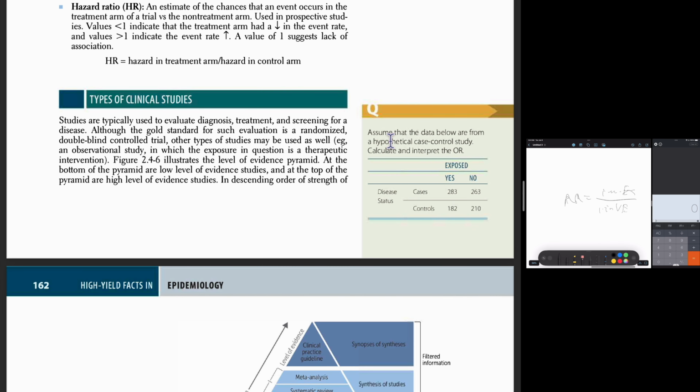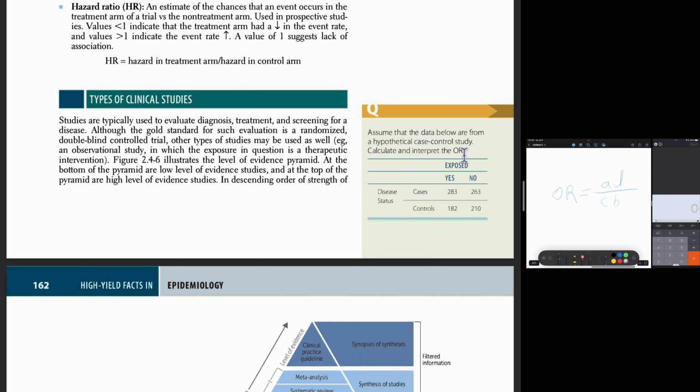Let's try this out. Assume the data below are a hypothetical case control study. Calculate and interpret the OR. Okay, so OR, odds ratio equals AD over CB, right?